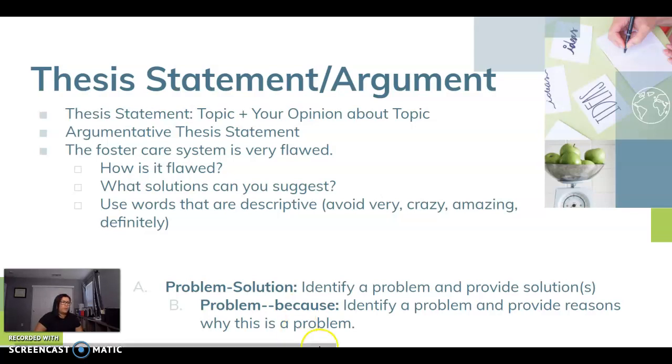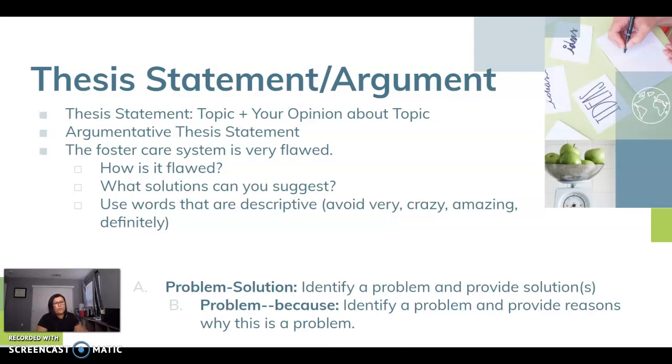The other option would be option B here, a problem because. This "because" refers to a because clause, meaning you're providing reasons. So in this sense, you're identifying a problem and providing the reasons why this is a problem in your opinion, based on your research and supported by all the sources that you found, right?